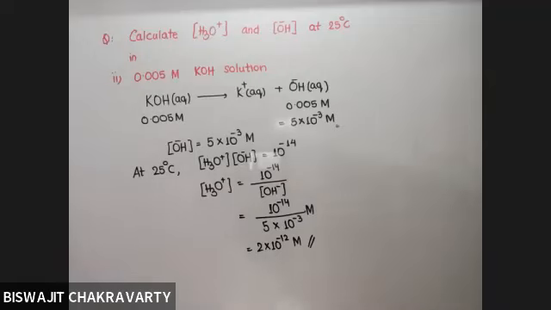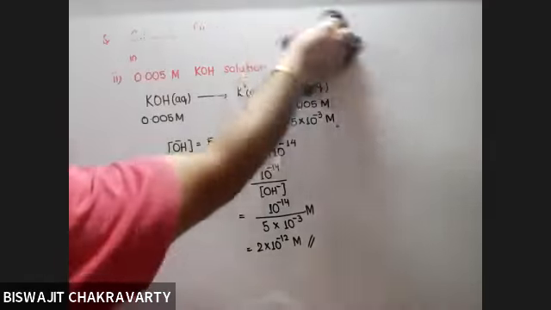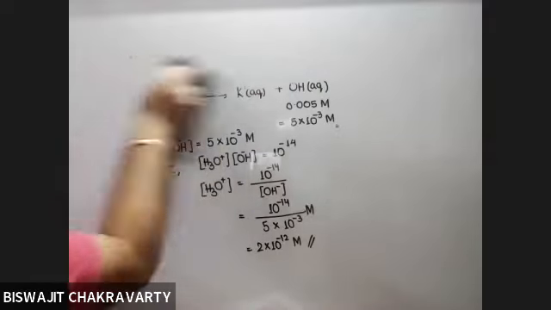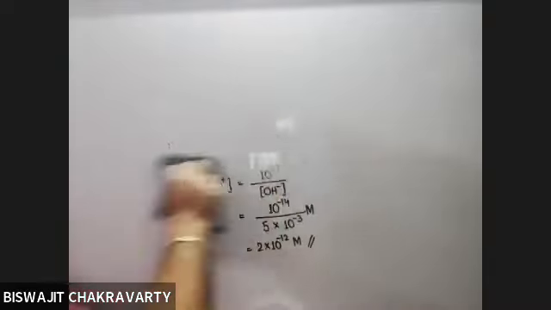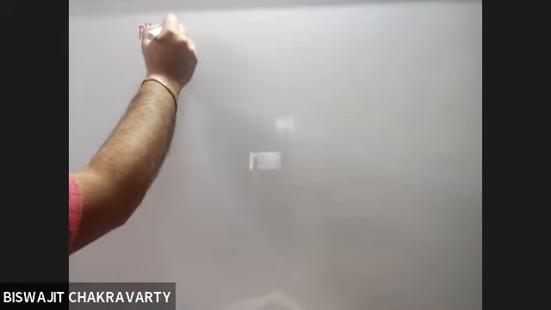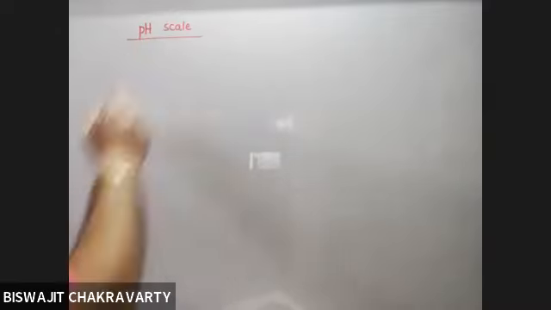Exponential values are always difficult to deal with. Therefore, to convert these values to a simple scale, it was introduced that we express the concentration of H3O+ and OH- in terms of a new scale called the pH scale. A very, very important concept. So write down the next topic as pH scale. What is a pH scale?